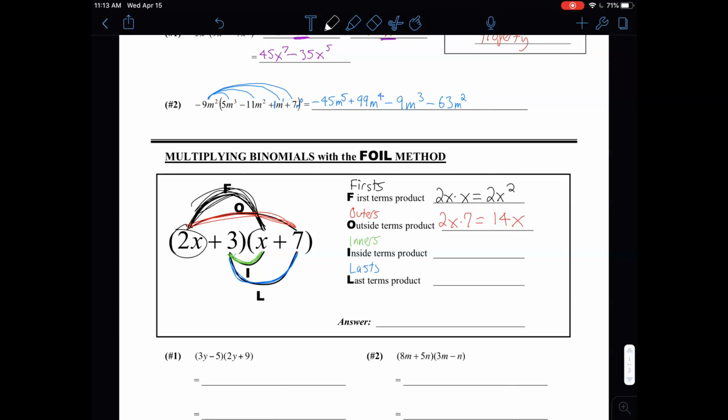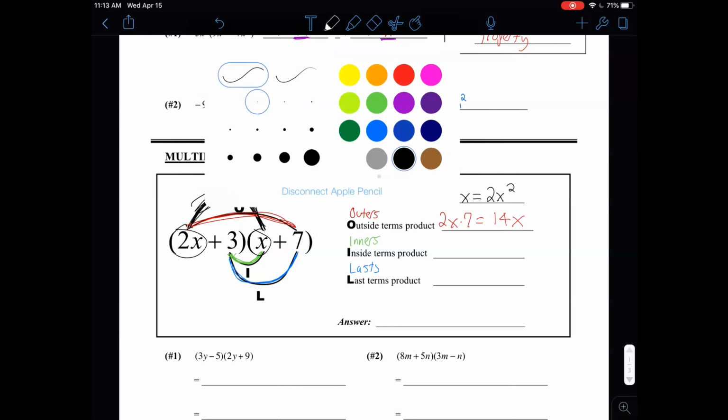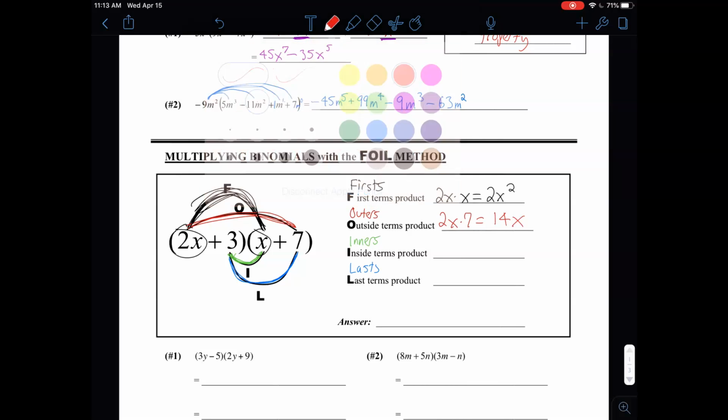The outsides are literally the outsides of these two expressions. See how these are outside? Okay. So firsts, outsides. Now we're doing the insides, which are literally the insides of these two terms. Okay, the FOIL just represents the positions in which these things are here.